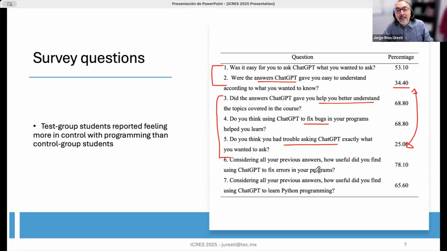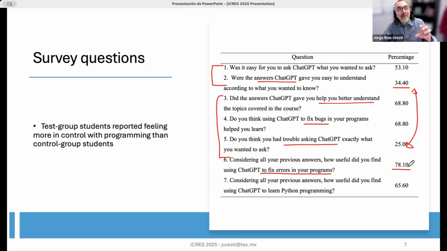Finally, the question was, how useful did you find ChatGPT to fix the errors in your programs? In this case, it's 78%. So maybe they don't understand very clearly, but to fix the program, that was easy.